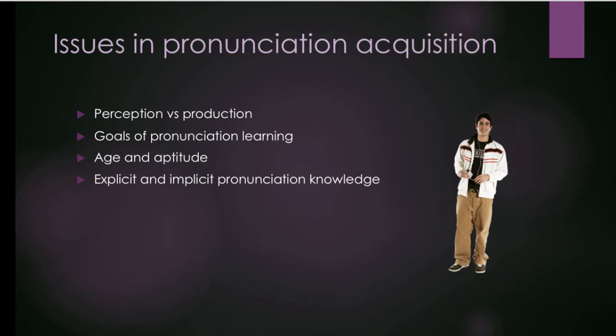I can give you a lot of technical information about it, that explicit knowledge. The question is really, how much do learners actually need to know of that? You can think that native speakers know very little explicit knowledge about their own pronunciation, just as they know very little explicit knowledge about their own grammar.